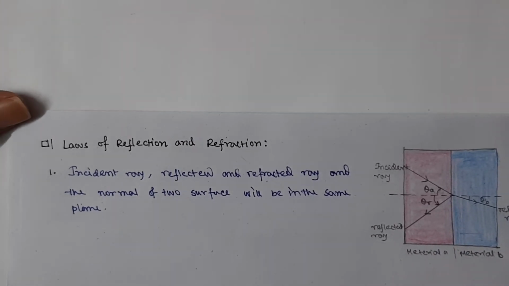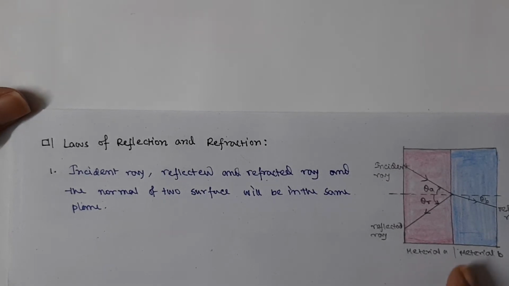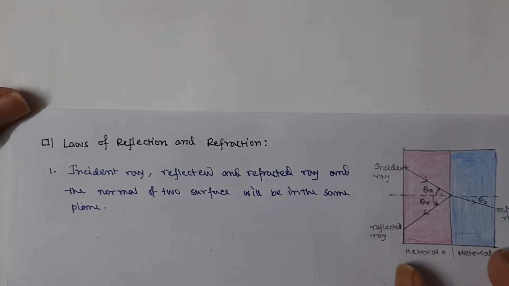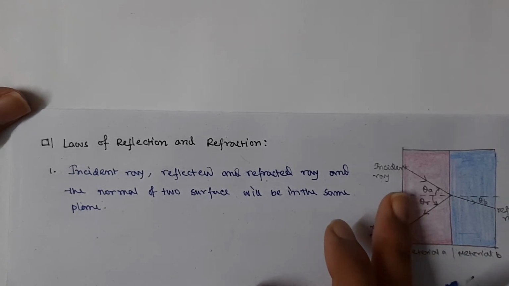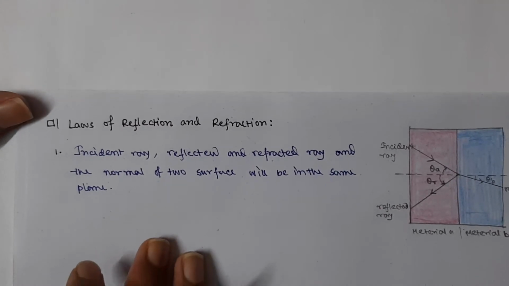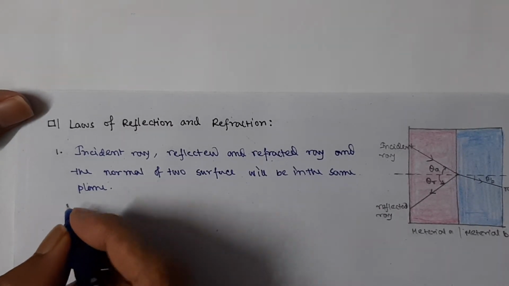This is material A and this is material B, which are together. An incident ray, at first in material A, strikes the surface between material A and B, and this is the reflected ray and this is the refracted ray. So this is the first law of reflection and refraction.